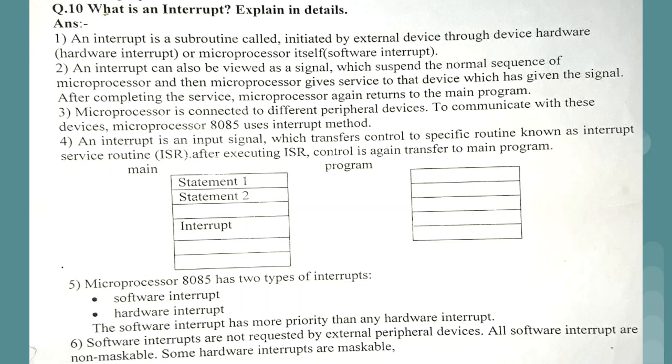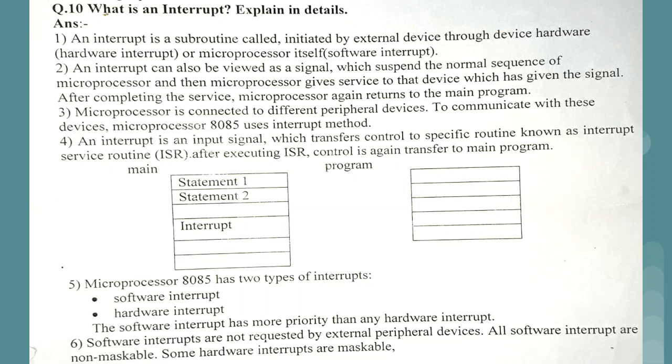For example, if I am generating the RST 7.5 interrupt, we will get the signal at that pin only, nowhere else. After completing the service, the microprocessor returns to the main program, and according to the pins being disabled and enabled, it resumes the old execution.